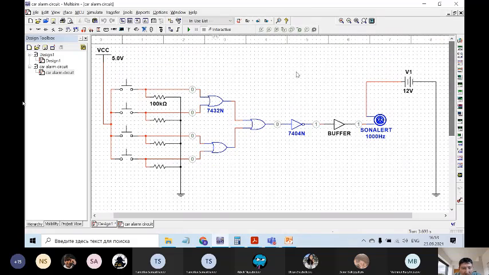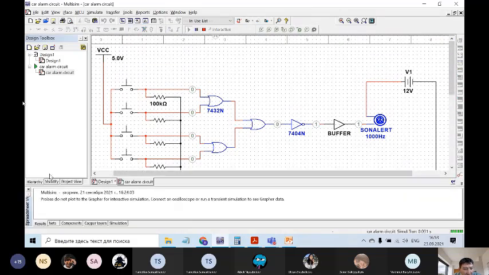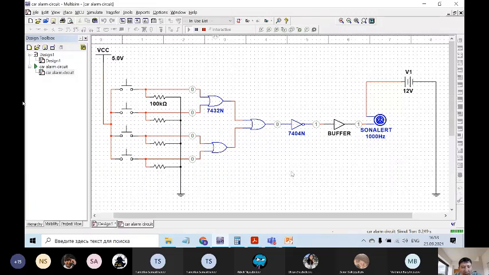I hope it will work because I've tried. So now the doors of your car are closed, and for example someone tries to open it. Can you see? Can you hear? Guys, can you hear? Yes.